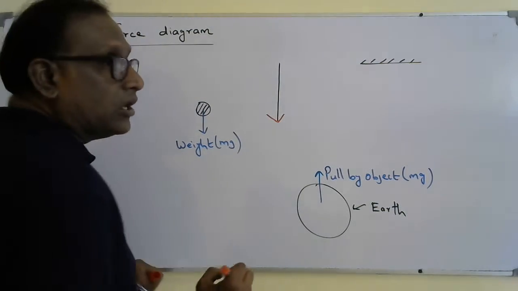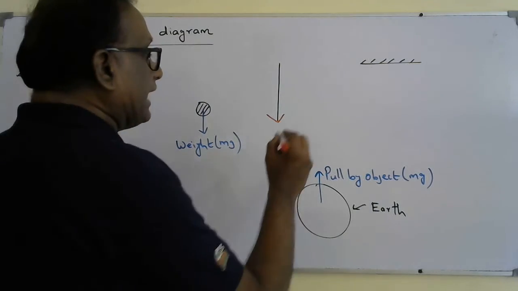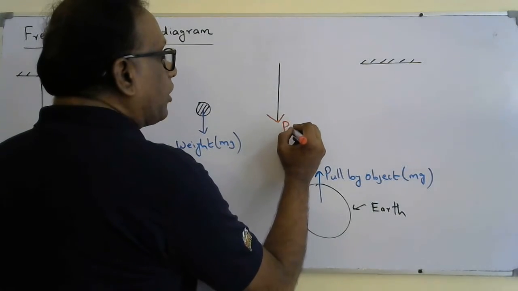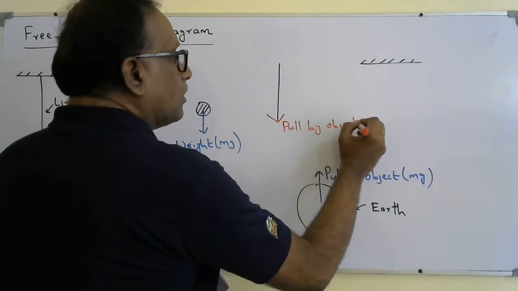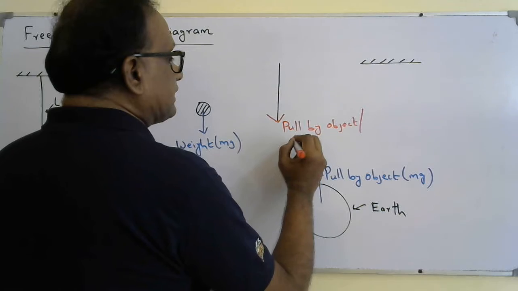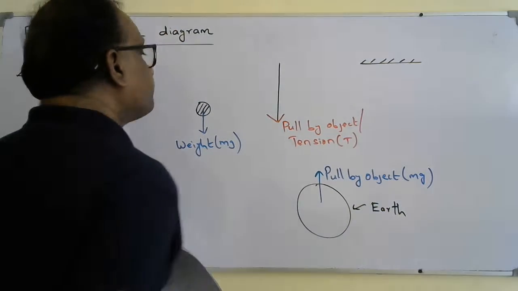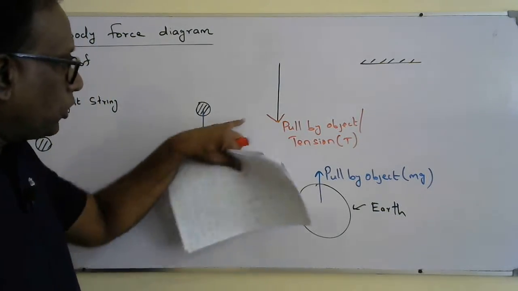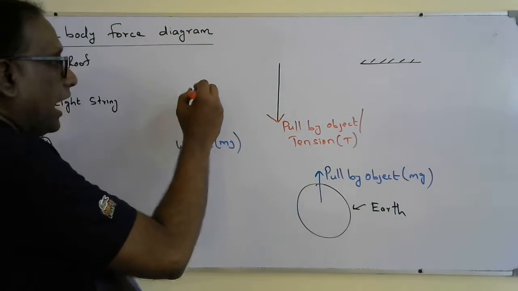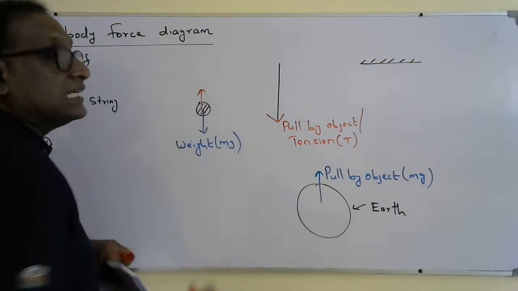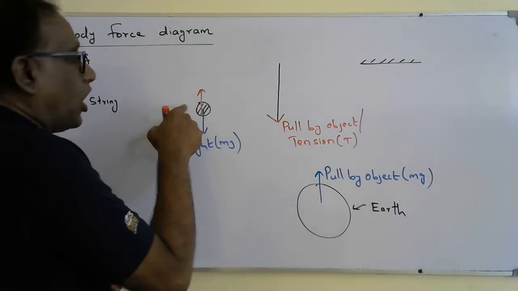This could be called pull by object, but normally the stretching force on a string is called tension, normally denoted by T. Okay, so when the object pulls the string down, the string will pull the object up due to Newton's third law.